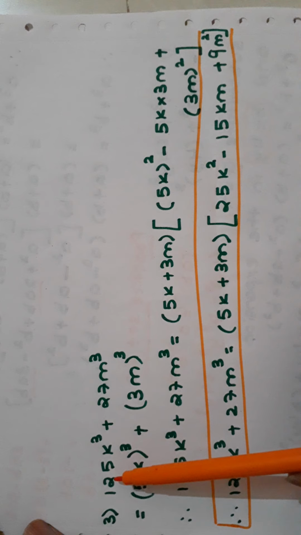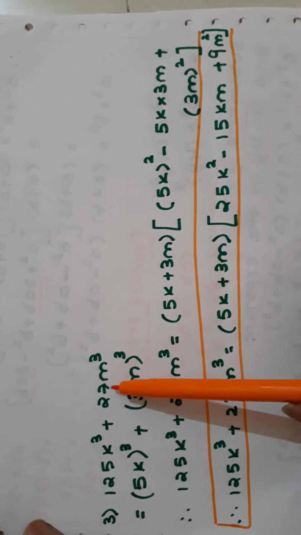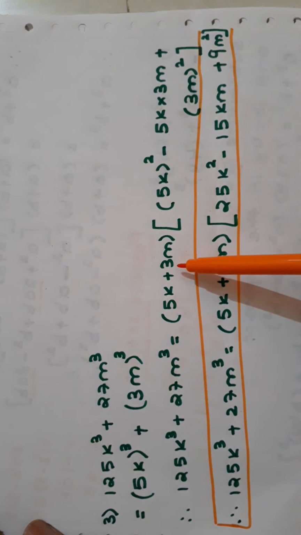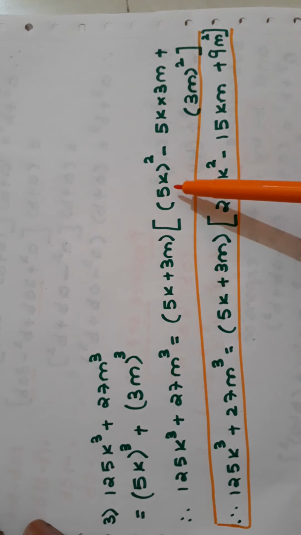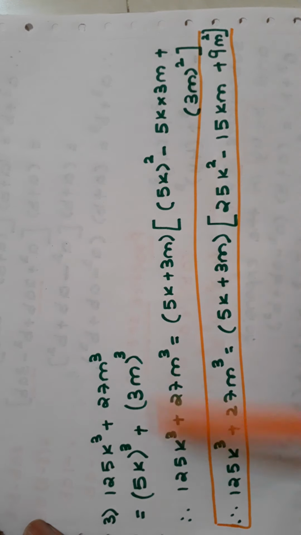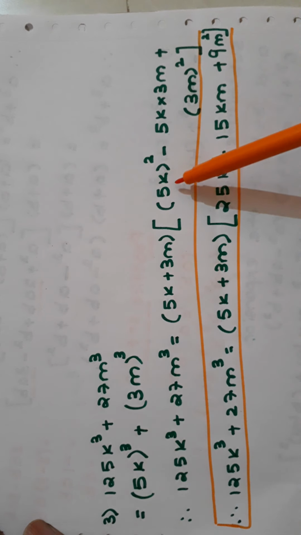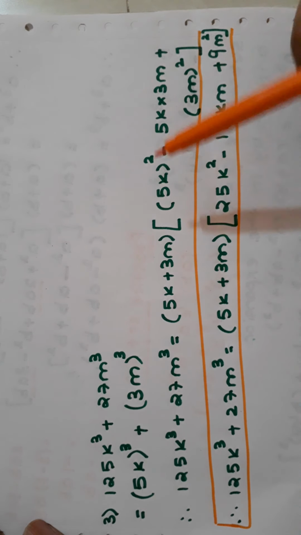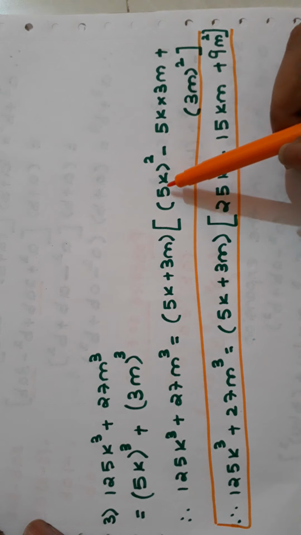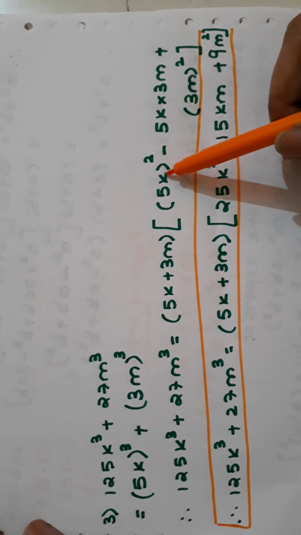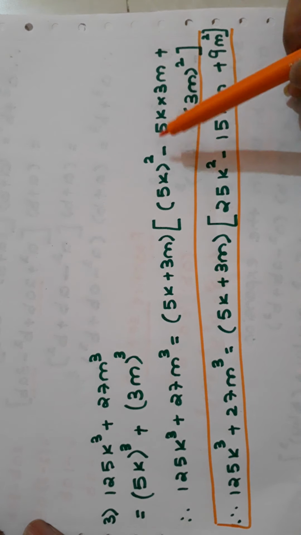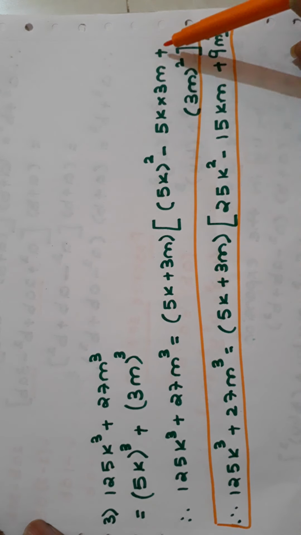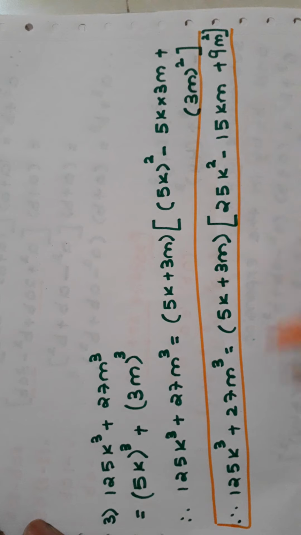Therefore, 125k cube plus 27m cube is, use the formula (a plus b), 5k plus 3m, into a square. A is 5k, so (5k) the whole square. Since the term has coefficient and the variable, we put a square bracket and then the square outside, minus a into b plus b square.